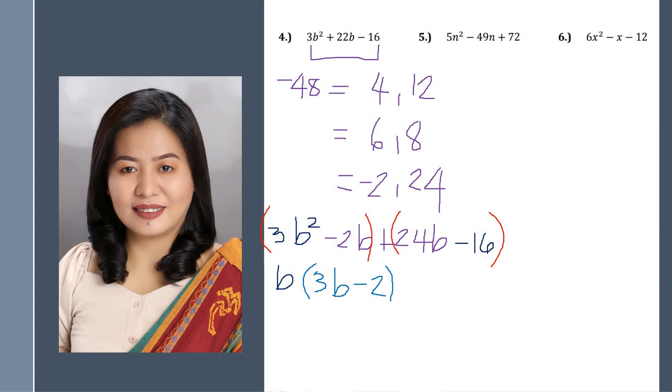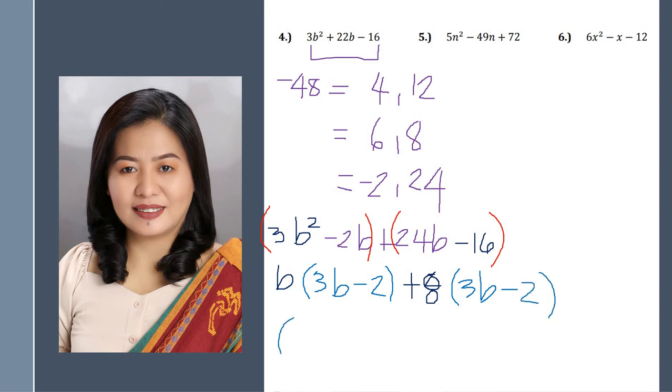And plus 4. Is it 4? No, 8. 8 is the greatest common factor. So 8. So that will be 3b minus 2.